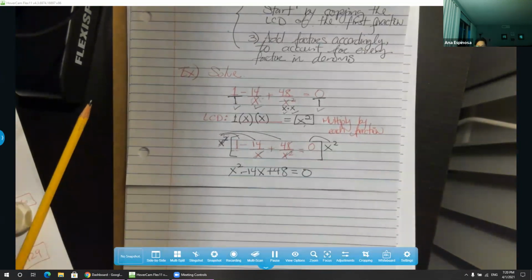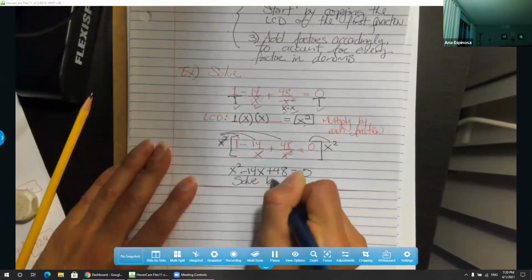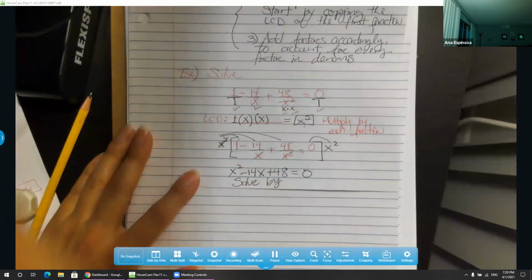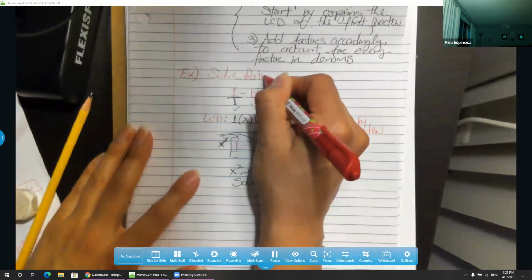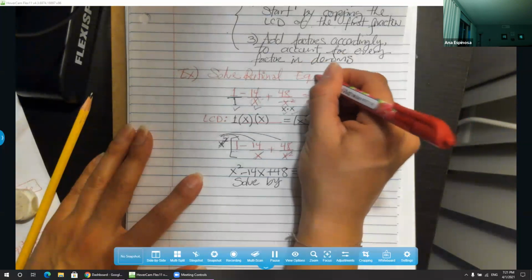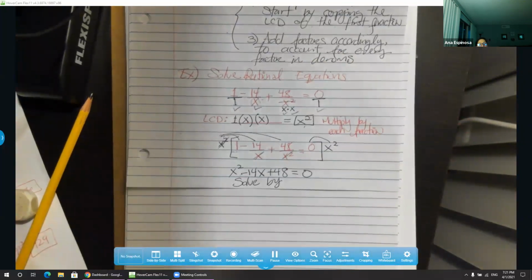And now you can solve, and I will not finish this because this was not the point. The point of this is to get you to solve rational equations. Not to factor and not to solve it, okay?